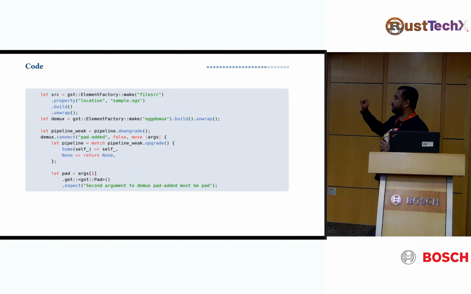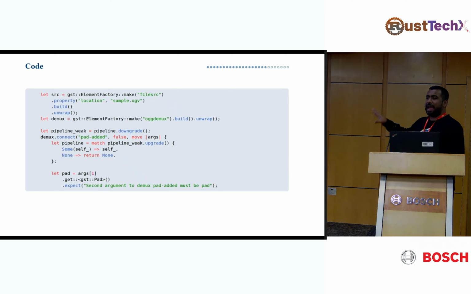And then we have what in Rust, some of you might know, is a closure. Now there is something called pad-added there. What that pattern is: the file that you give the demuxer won't always have both audio and video, so you are not going to know what is actually there at runtime, when you start decoding the file.